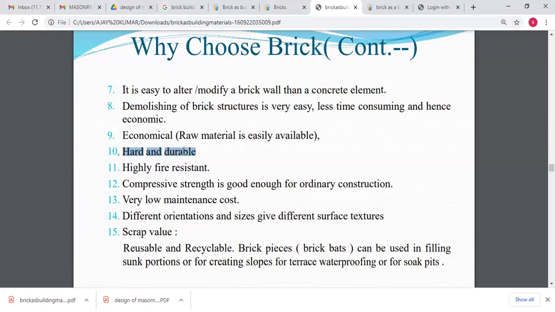Bricks are hard and durable, and economical. Raw materials are easily available, and bricks are highly resistant, with compressive strength good enough for ordinary constructions. Bricks have very low maintenance cost, and with different orientations and surface structures, we can also give an aesthetic purpose.